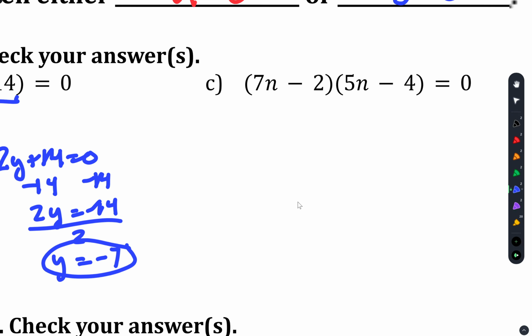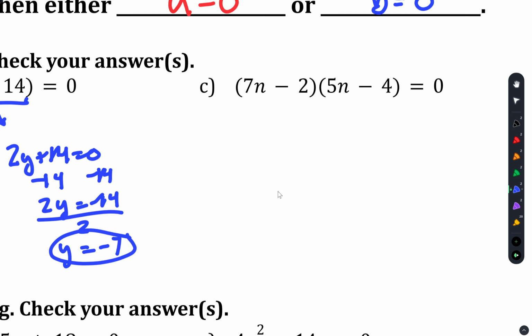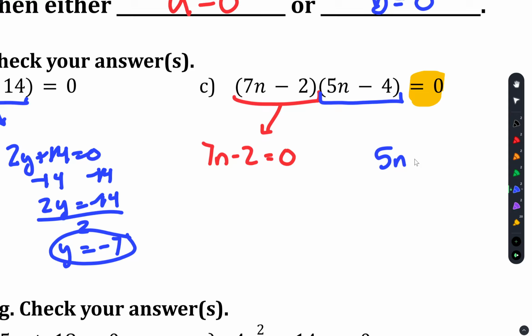Let's do one more. Again, it looks like a factoring problem, except it has this equals 0 on the end. So I'm going to take each piece: 7n minus 2 equals 0, and 5n minus 4 equals 0. And solve each one. Add 2, and then divide by 7.